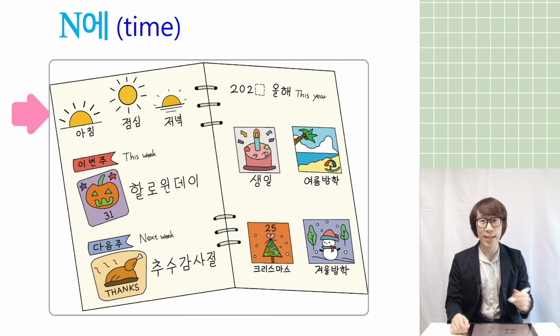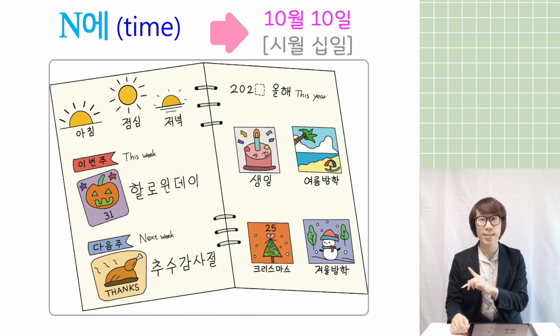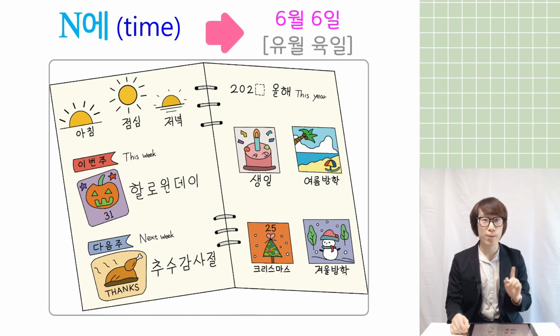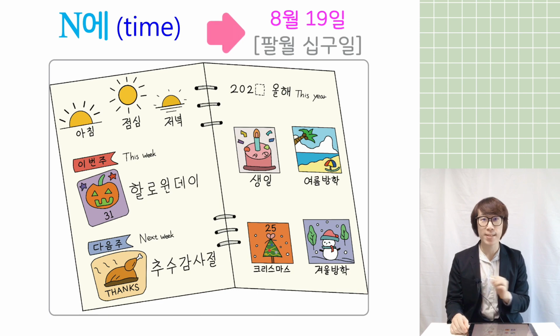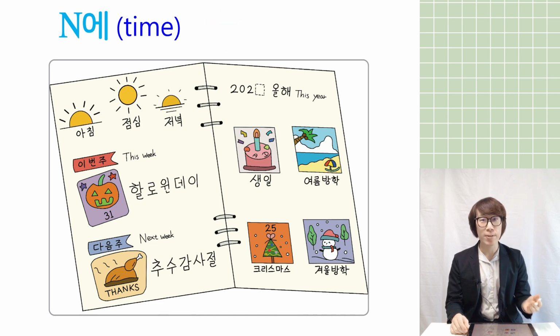So the time like 아침, morning, 점심, afternoon, 저녁, evening, or Christmas, 크리스마스, or 생일, birthday, or date, 10월 10일, or 6월 6일, or 8월 19일. It's about all time.